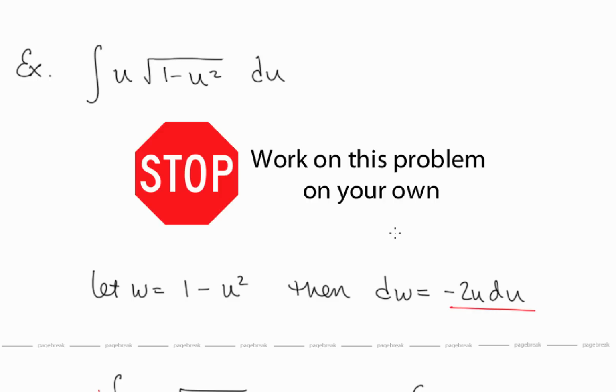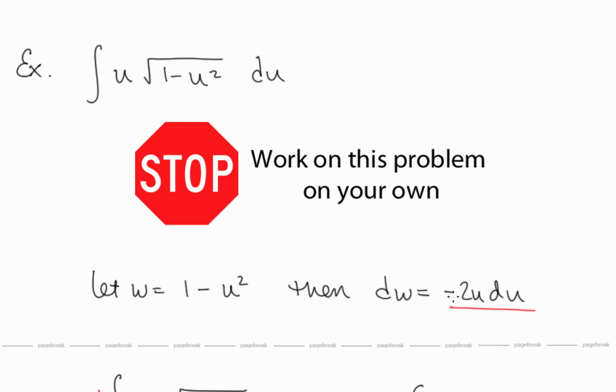We notice that we have a composition of functions here, with 1 minus u squared being the inside function. So we let w equal 1 minus u squared. And then from this we compute dw, and that's going to be negative 2u du. Now we want to rewrite our integral in terms of w and dw. Here we have a u du.